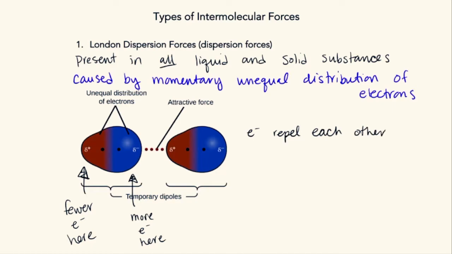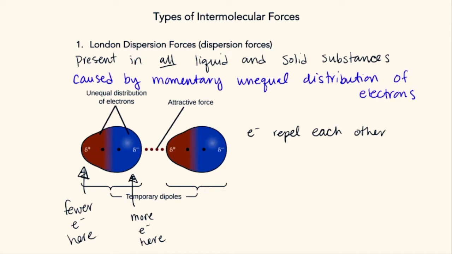So if there happens to be a lot of electrons here, that's going to push the electrons away on the other molecule, and it's going to make it a partial positive on this side. Okay. More electrons here will repel the electrons and force them to the other side of the molecule, making this a partial positive and this a partial negative.